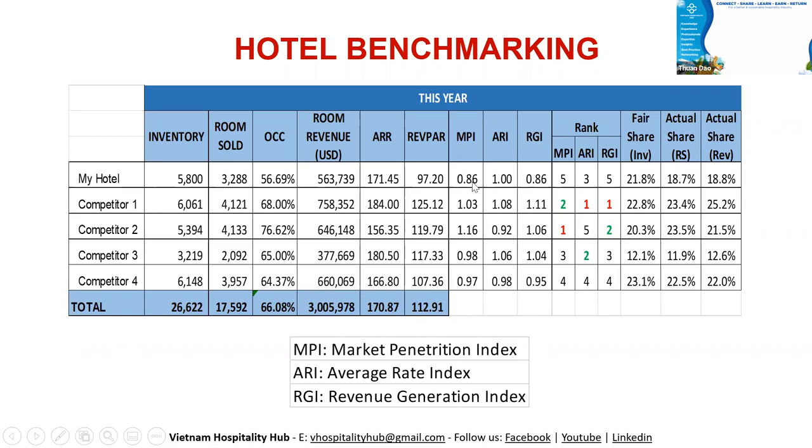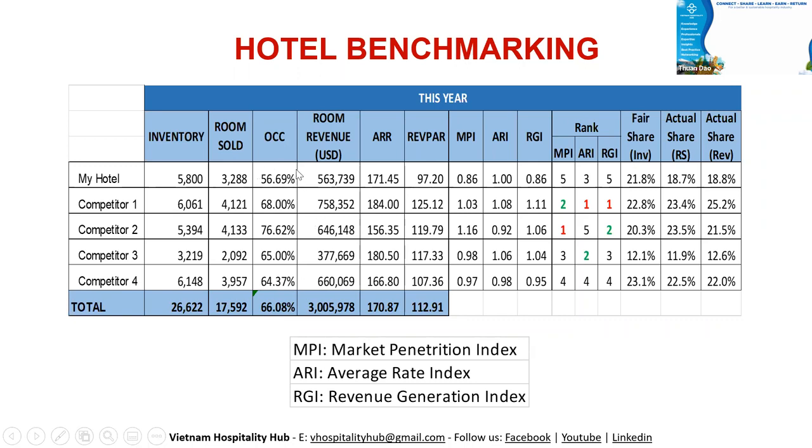Right? If this one is below 1, let's say in this case, you are just 0.86, I mean you are below 1. If you are below 1, that means your occupancy performance is lower than the average occupancy of the CompSet.